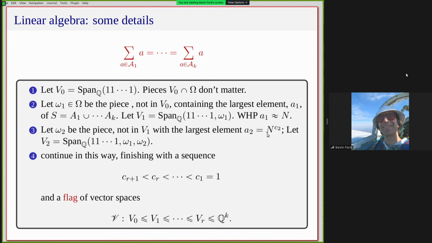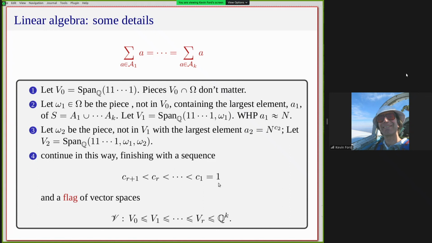And then C2 will simply be the size of that element. In general, C2 will be smaller than 1. We let V2 be the span of these 3 vectors, the all ones, the omega 1 coming from step 1, and the omega 2. And we continue this way until we've exhausted everything.